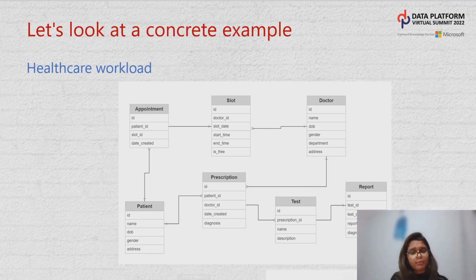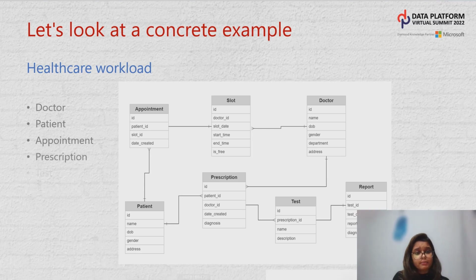We are taking an example of a healthcare application, and it is a relational model which has multiple entities and multiple relationships. It has doctor entity, patient, appointment, prescription, test, report.